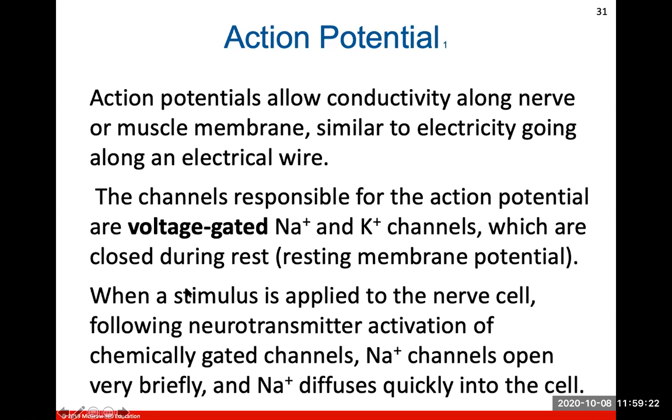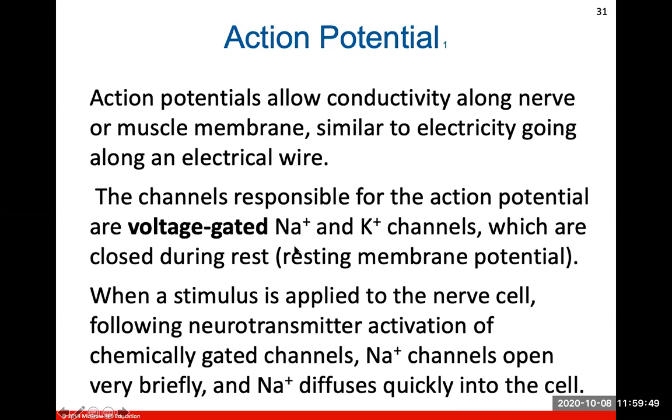But when a stimulus is applied to a nerve cell, and again, a stimulus could be pain, it could be heat, cold, touch, it could be a photoreceptor stimulus in your eye, that light is being projected on it. So any sort of stimulus, after that's applied to a nerve cell, following a neurotransmitter activation, the chemically gated channels will open.